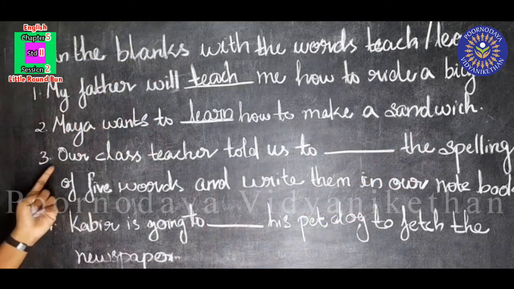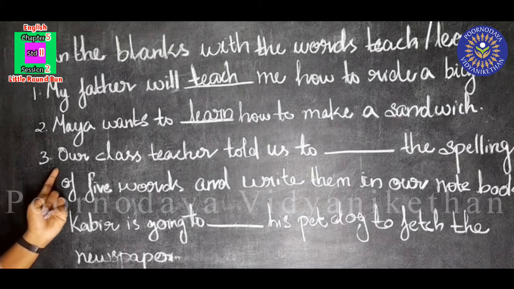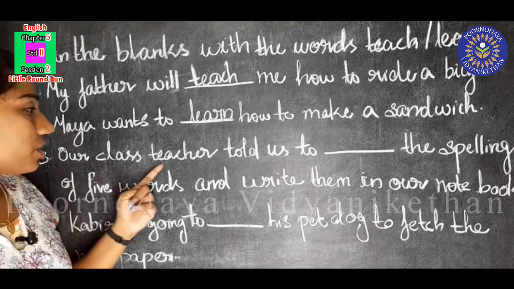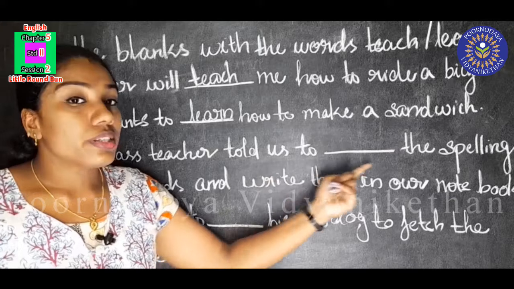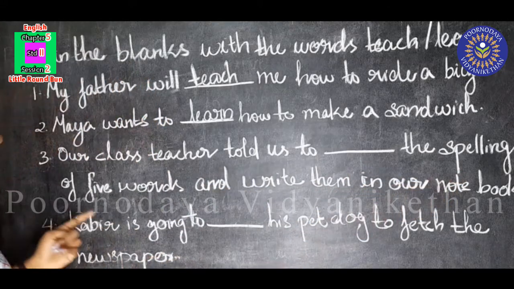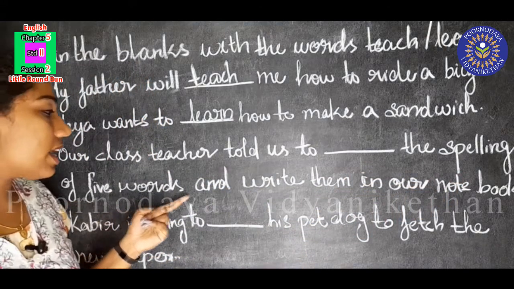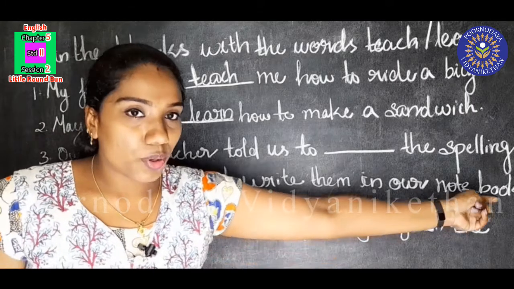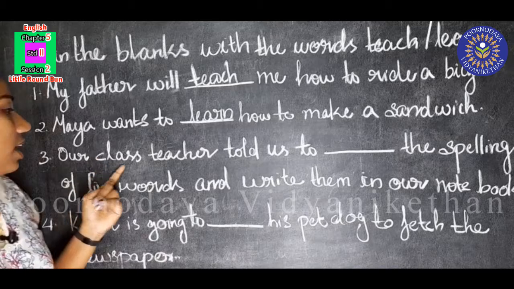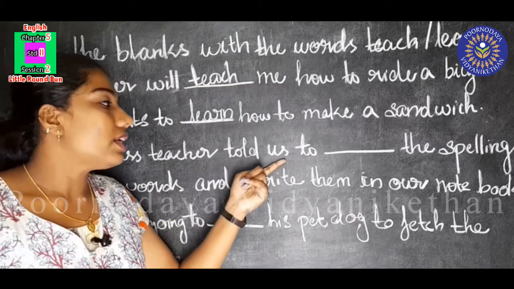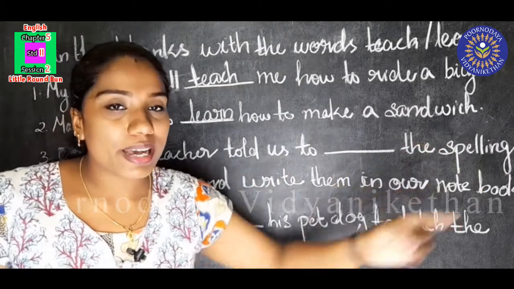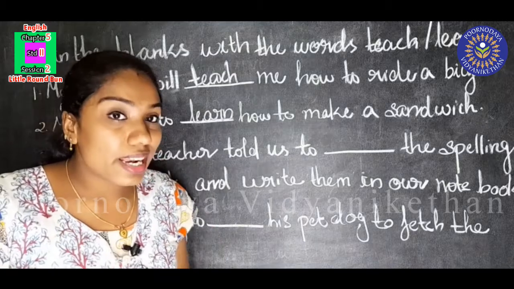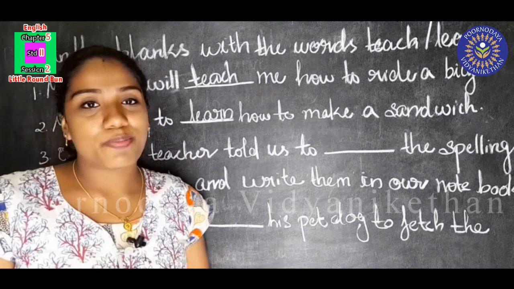Now we are going to do the third one. Our class teacher told us to teach the spellings of 5 words and write them in our notebooks. So our class teacher told us to learn the spelling.